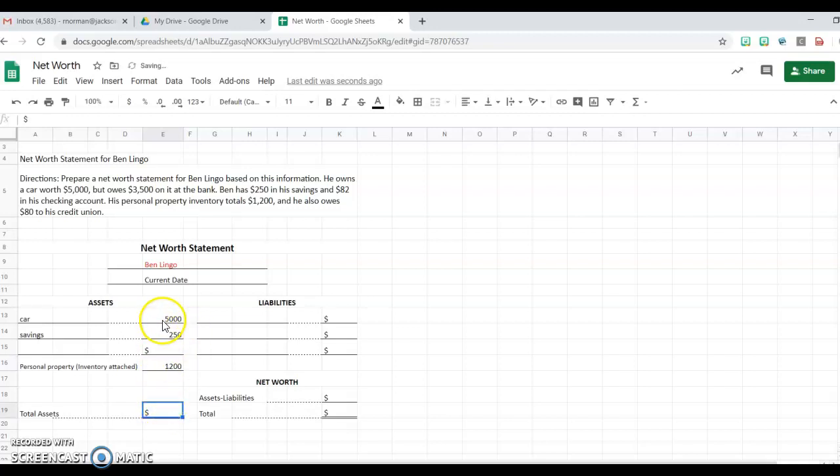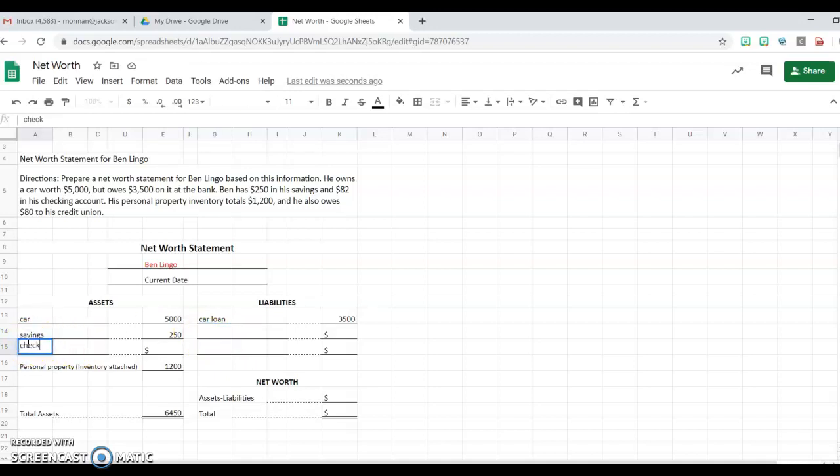If you add all of this together, $5,250 and $1,200, without a calculator, I think it's $6,450. His liabilities, things he owes on. He still owes for his car loan, which is $3,500. He owes, I left out his checking over here. I'm going to go back and add it in.